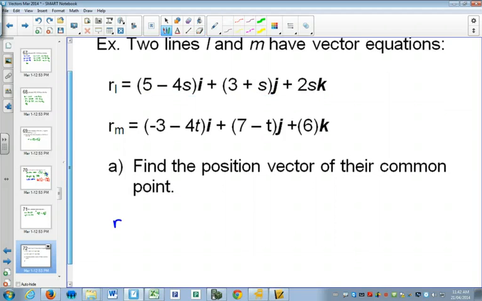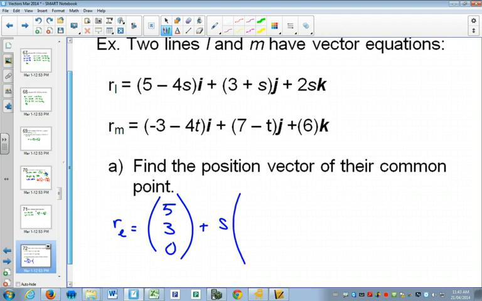I could write RL. Well, it has the point (5, 3, 0) plus s, and the direction is (-4, 1, 2).